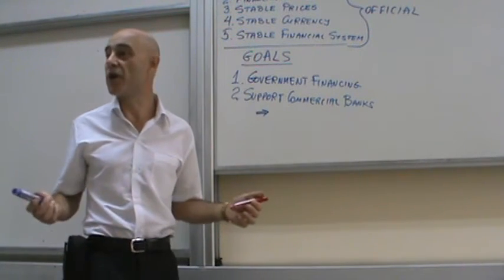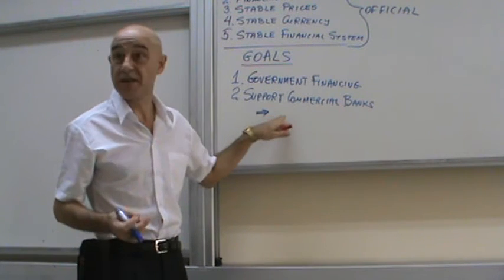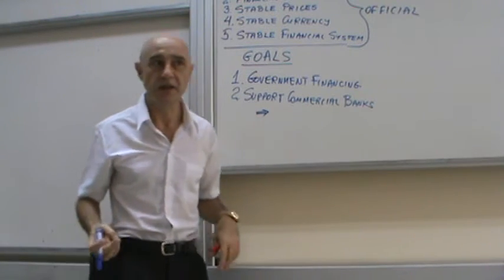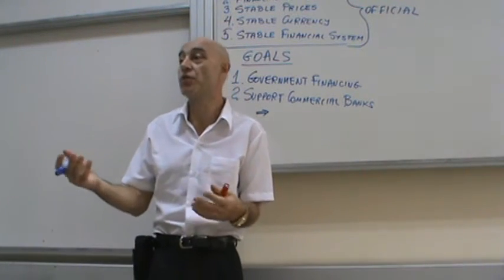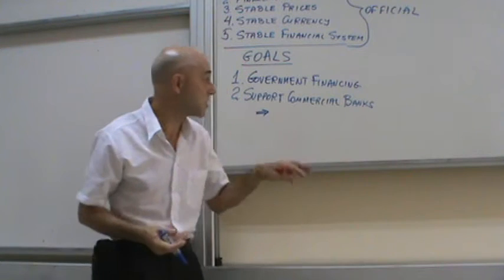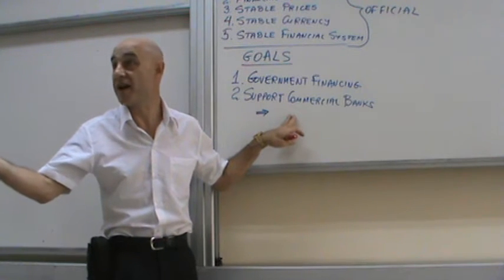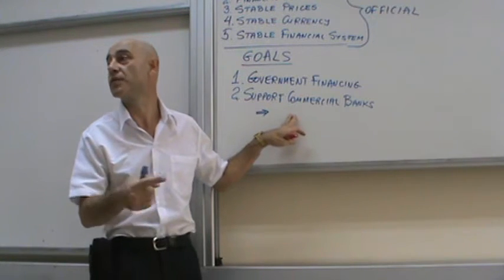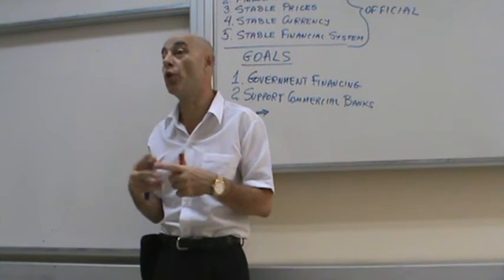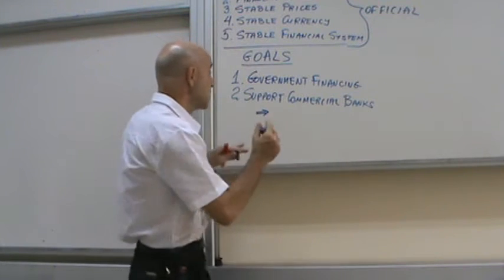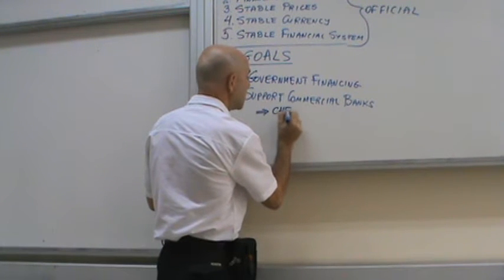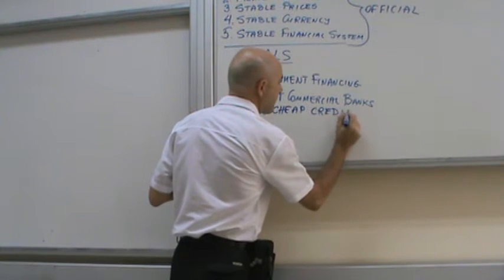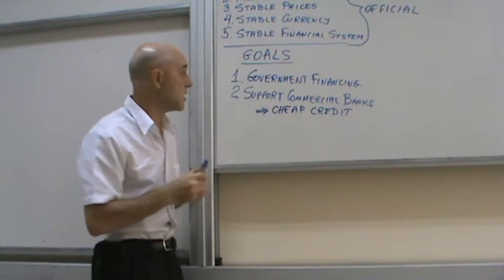It's called cheap credit. Just get a zero interest rate loan. In other words, you borrow from the bank at 10% or 7%, but the commercial bank borrows from the central bank at 1% or 0.5%. So it's cheap credit.